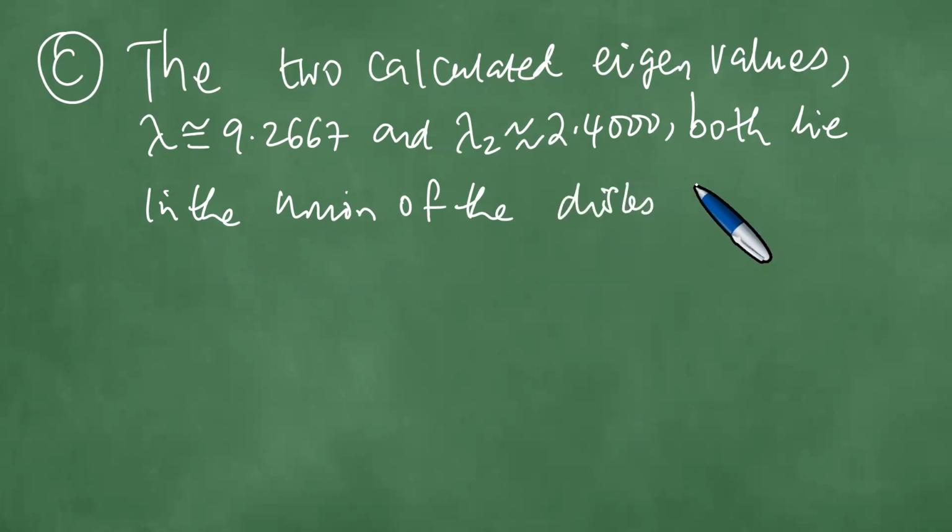The couple of disks here, like your D2 and D3. The two calculated eigenvalues, which are lambda approximately 9.2 and 2.4, both lie in the union of the disks D2 and D3. I'm going to comment on the Gerschgorin disks.